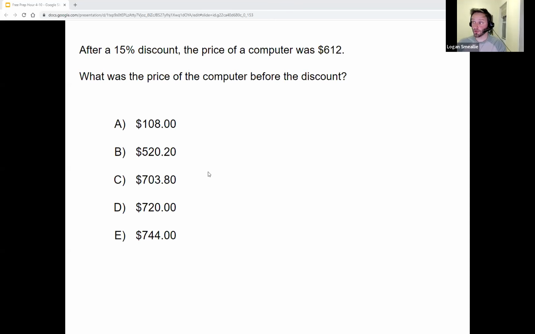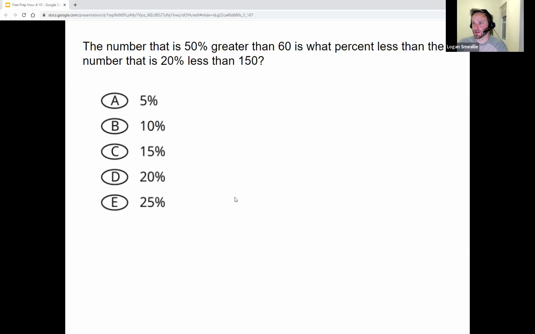What I think you can expect to see several of is, if I go back to the ones like this, where you've got to figure out a starting point after they give you a percent change. The ones like this, where you just got to do percent change over and over.